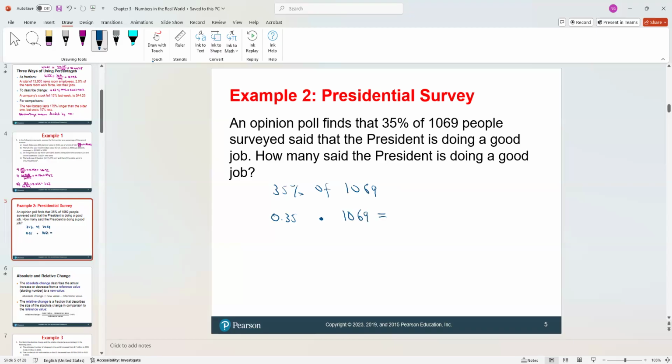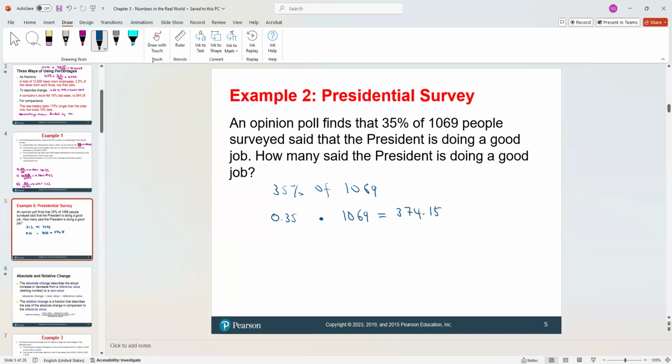Now you can do the math. Equal means is. So if you multiply this using your calculator, it gives you 374.15. Remember, we surveyed people, so we cannot have a decimal for that one.